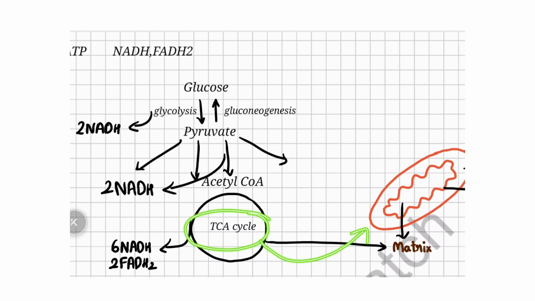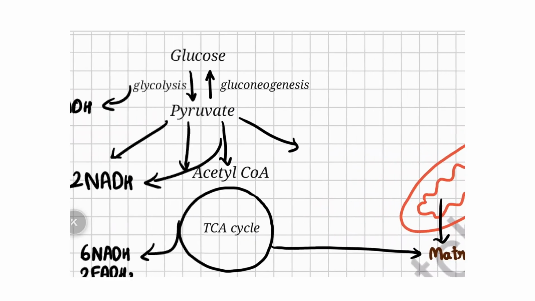I'll tell you exactly where in the mitochondria a bit later, but right now I just want you to know that it occurs in the mitochondria and glycolysis occurs in the cytoplasm. And how much NADH and FADH2 does the TCA cycle yield? It yields us 6 molecules of NADH and 2 molecules of FADH2.